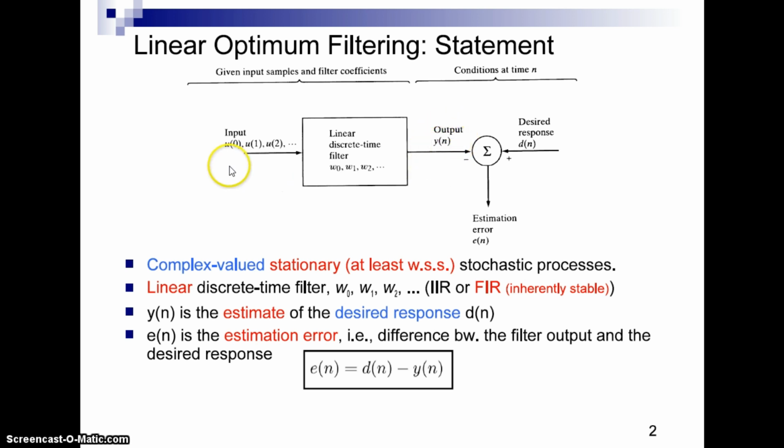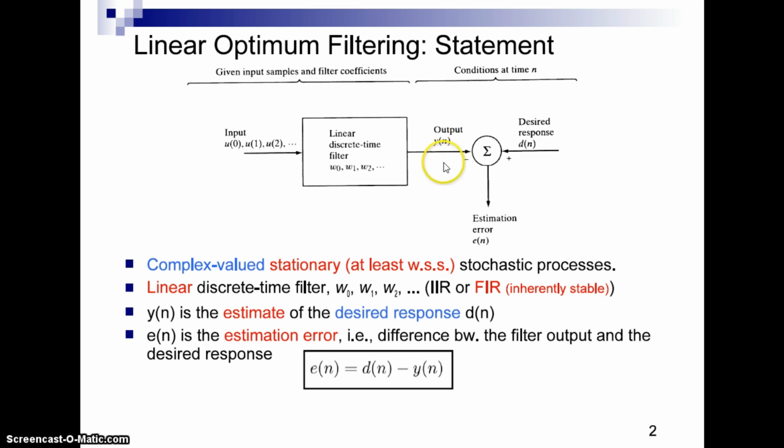Again, the input consists of the time series u of 0, u of 1, u of 2, and the filter is characterized by the impulse response w0, w1, w2, with the output denoted by y of n at some discrete time n.